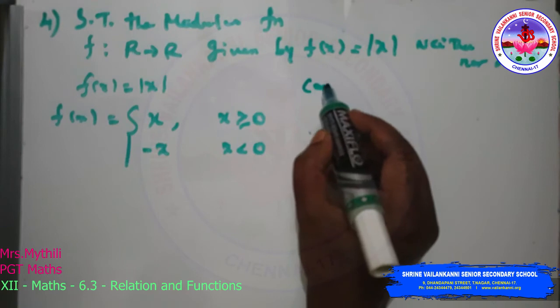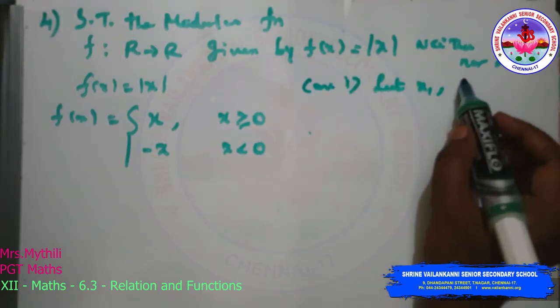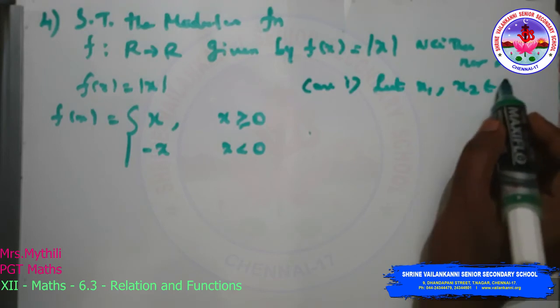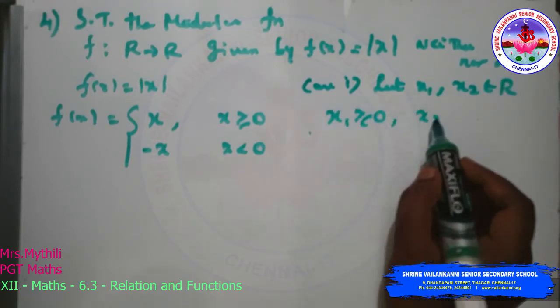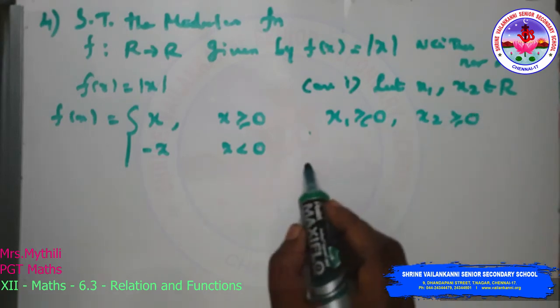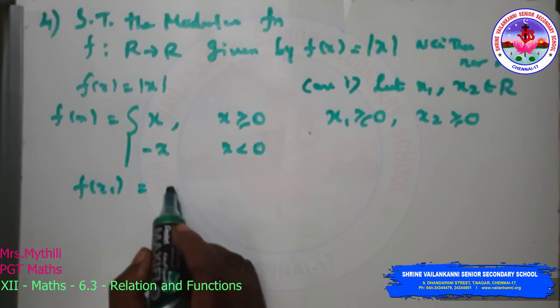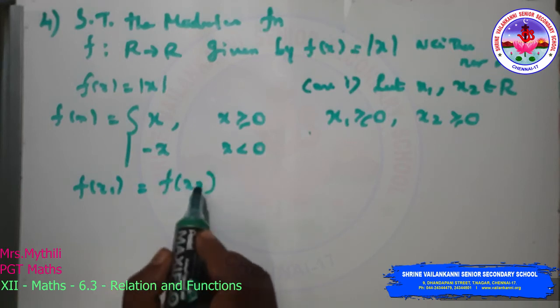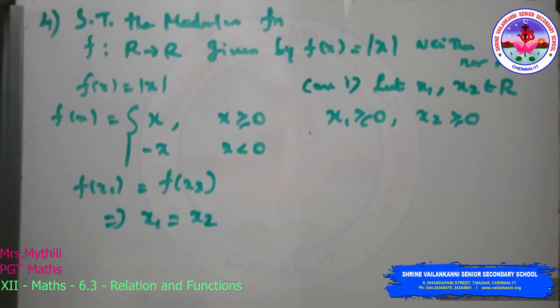So case 1, let x1, x2 belong to R, so x1 is greater than or equal to 0 and x2 is greater than or equal to 0. So f of x1 equal to f of x2, which implies that x1 equal to x2.